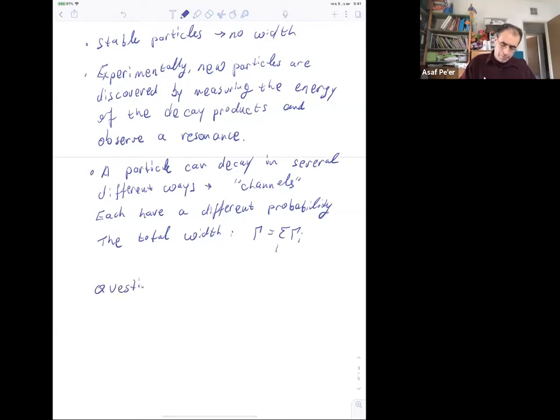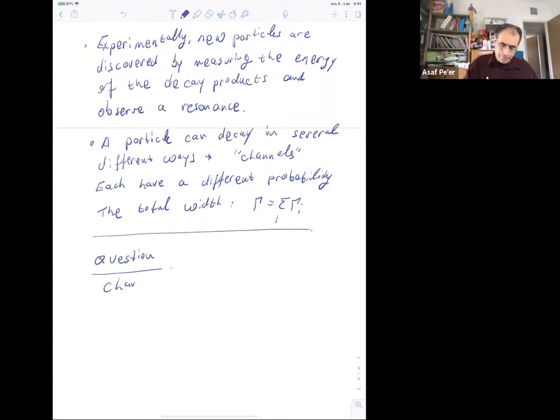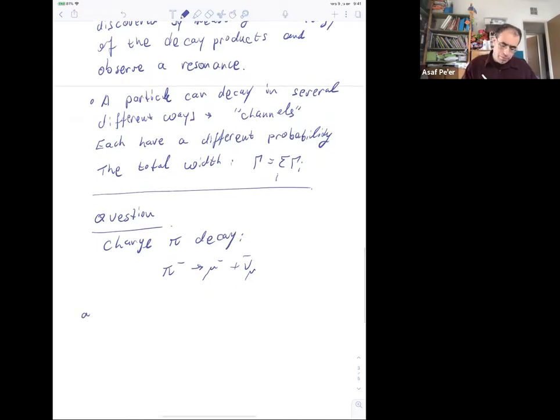Consider a charged pion decay. For example, the pion decays into a muon and an antineutrino, the muon neutrino. Part one: what are the energy and momenta of the muon and the neutrino in the pion's rest frame?